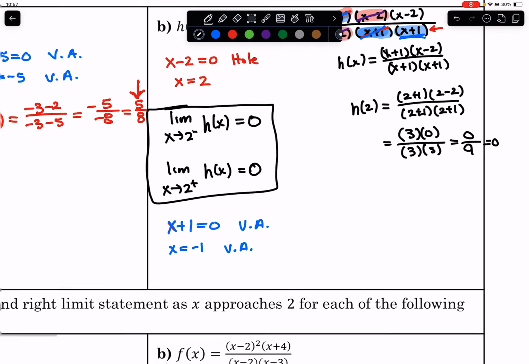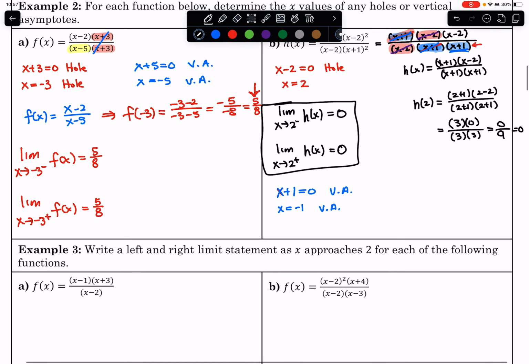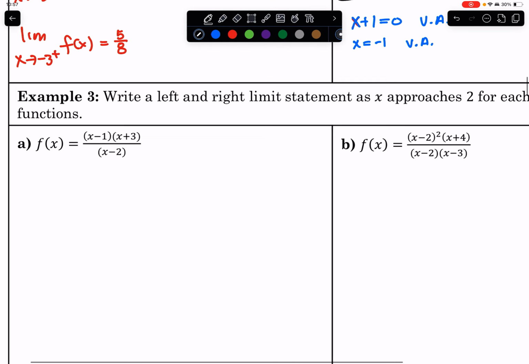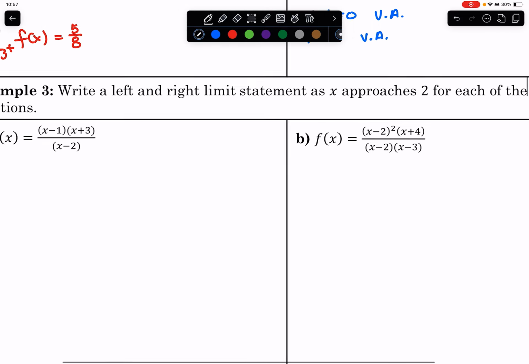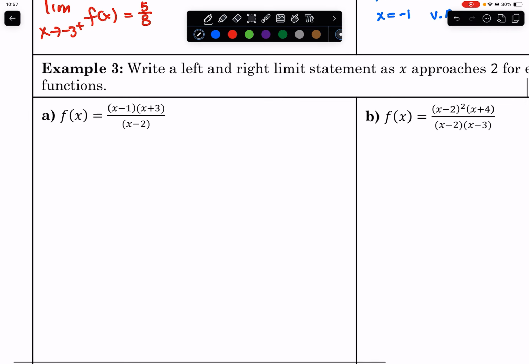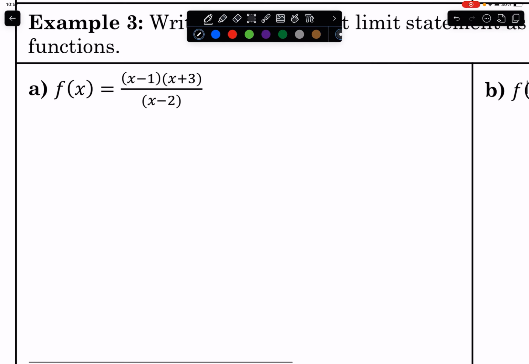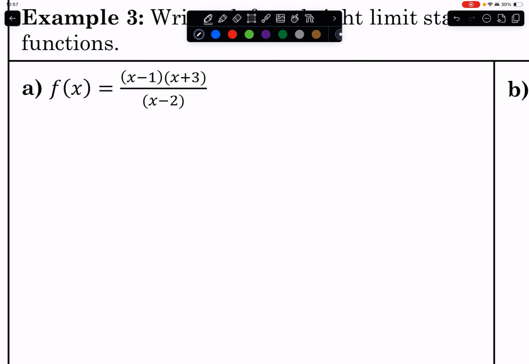Let's now look at example 3. Let's write a left-hand and right-hand limit statement as x approaches 2 for each of the following functions. So let's first look at what's happening again at 2. The only thing that we care about at 2 is whether it's going to be a vertical asymptote or a hole. So let's look at the bottom.